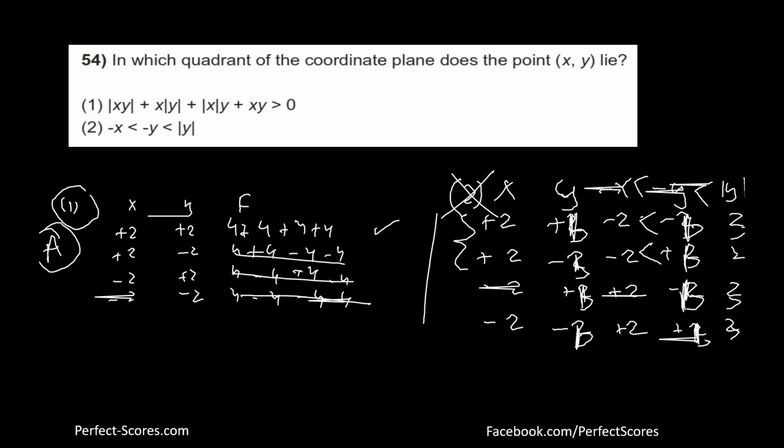Do you guys understand what happened here? So basically for the second statement, x as positive 2 and y as positive 1, x as positive 2 and y as negative 1 works.